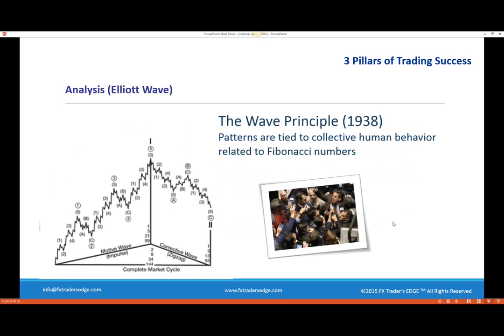And the wave principle states that patterns are tied to collective human behavior related to Fibonacci numbers. What you see on the left is the 8-wave cycle. And we're not going to go into the numbers there.